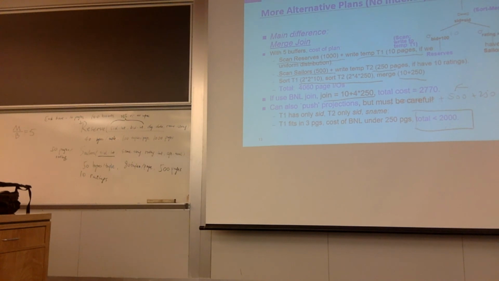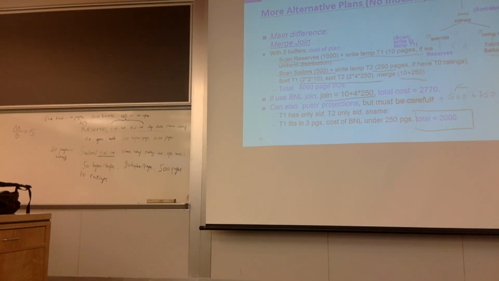Of course, when you push down projections, be careful that you cannot just push down the columns that appear in the final result. You also need to keep every column that gets referenced in your intermediate operators. Like here, for reserves, you can just push down SID.